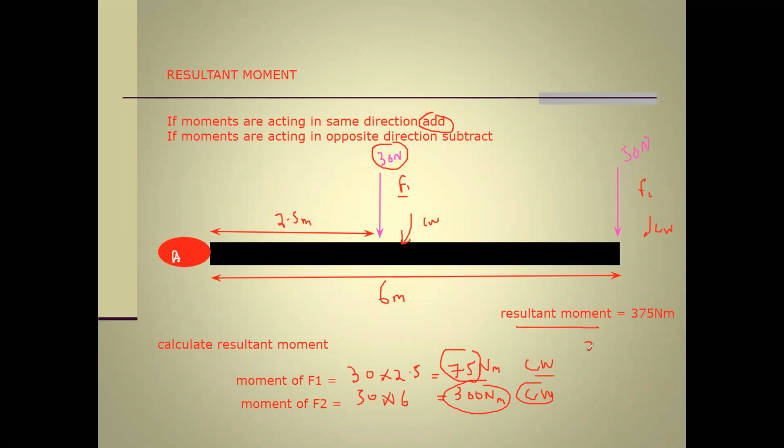That's why 300 plus 75, or 75 plus 300, gives 375. Is it clear, this example? Take the screenshot, then I will move on and give another example.